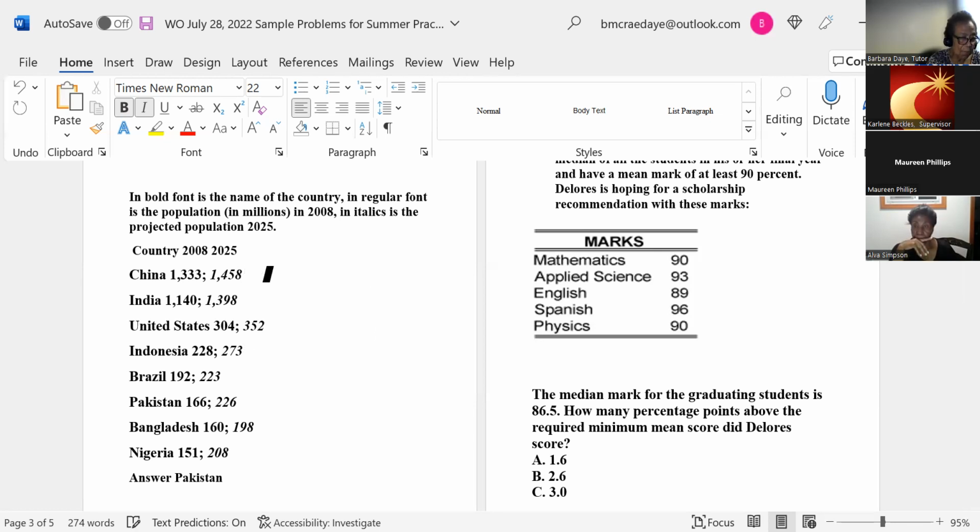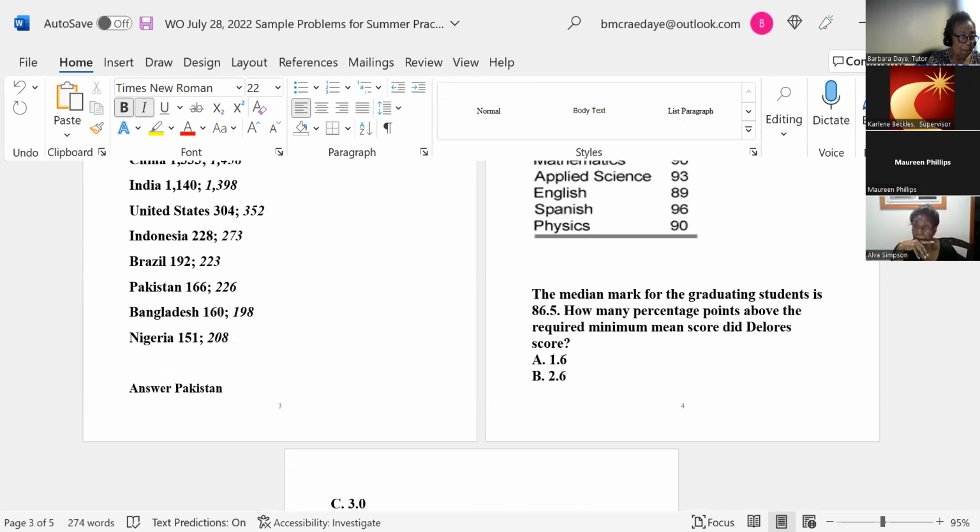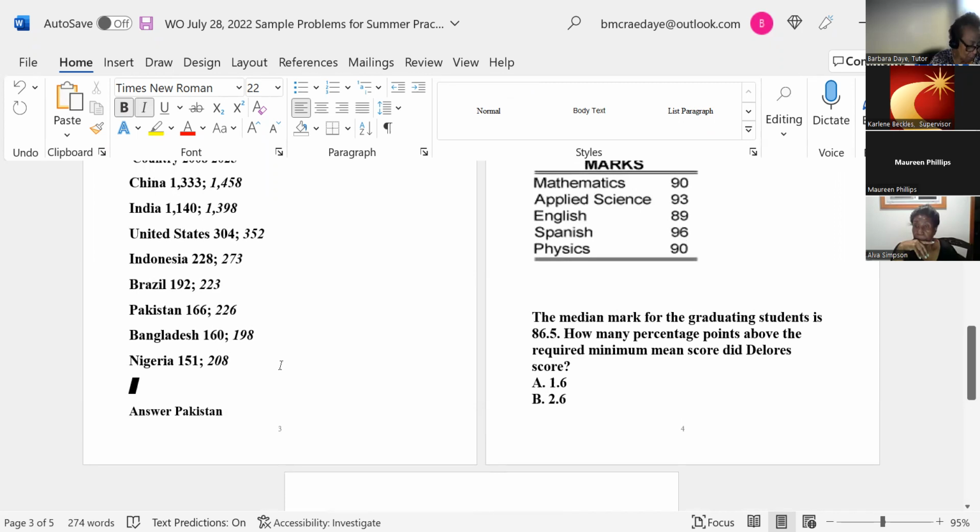Okay, if you put them in order, the biggest one is what? China, 1458. Then India, 1398. Then the United States, 352. Then Indonesia, Russia, 273.